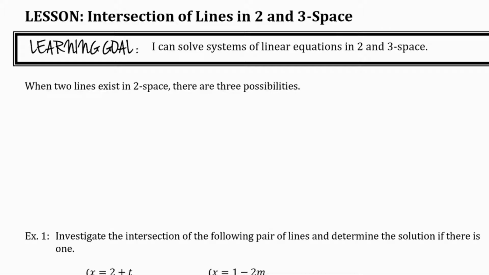From grade 10, when two lines exist in two space, we have, what do we mean by three possibilities? We mean, what are the three different types of solutions that we can have? Okay, that's what we're talking about. So it's really helpful to know ahead of time what the possibilities are.